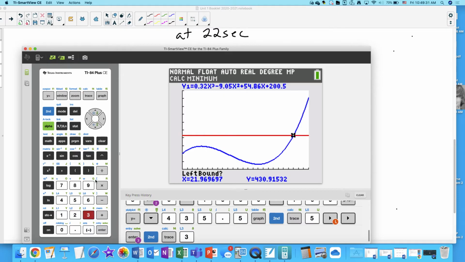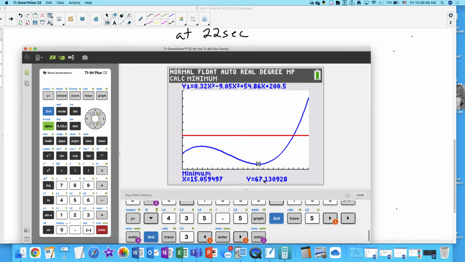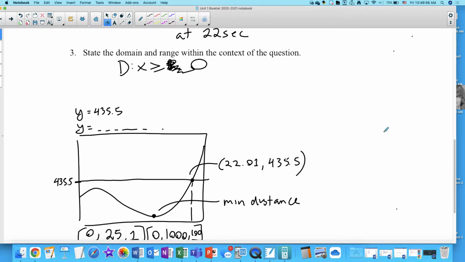And the minimum distance, remember, is y, happens at about 67.1 meters. And this is 15.1. But in this case, we're not interested so much in what the time is. We're interested in what that distance is, because that's the smallest distance the motorcycle ever gets to the motion detector.